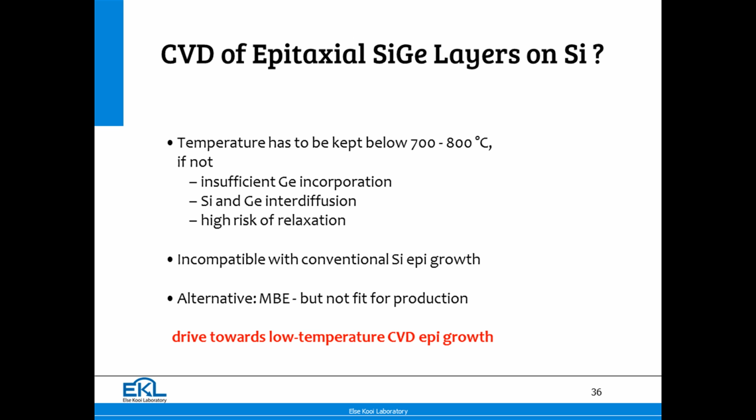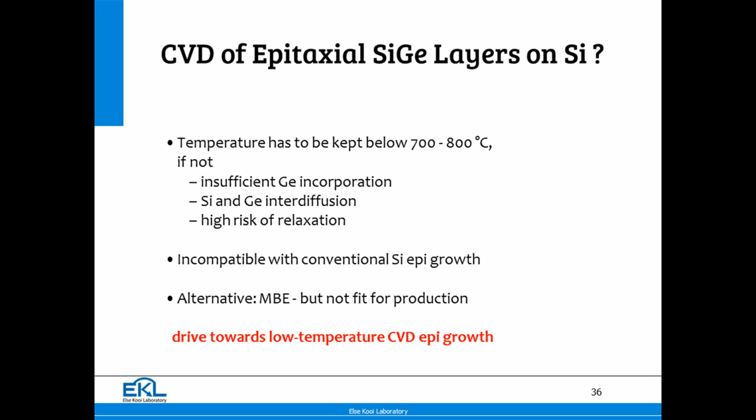Well, these kind of temperatures in those days were totally incompatible with conventional epi growth. We were used to temperatures, well, 1100 at the lowest. Lower than that, we used to get defects. So a gap of 300 degrees at least between what we could do and what we would like to have.